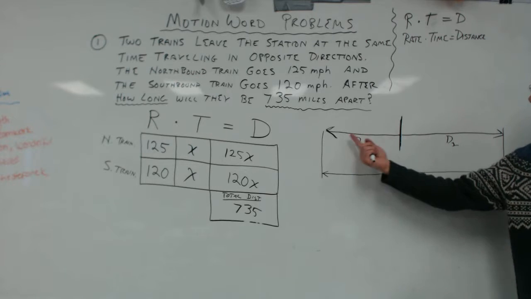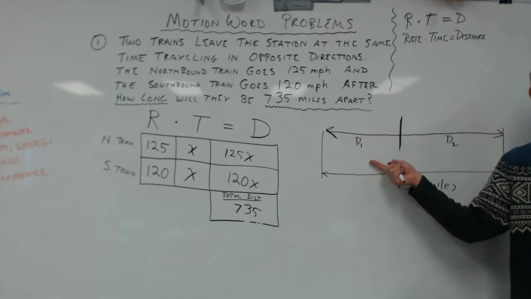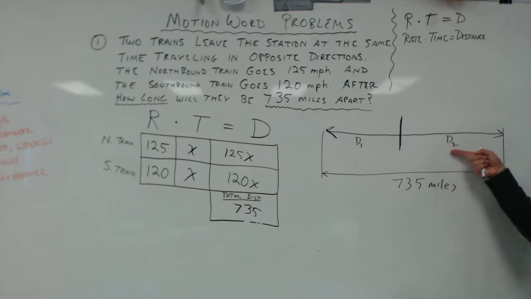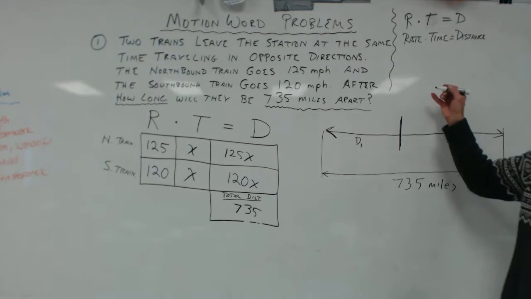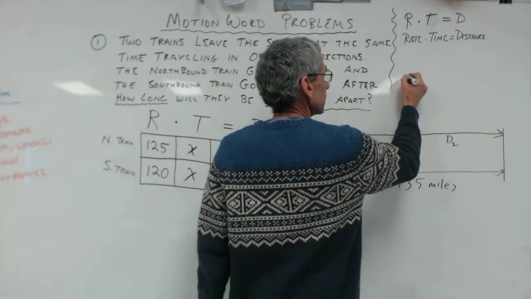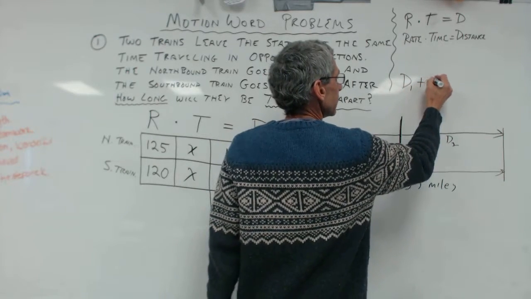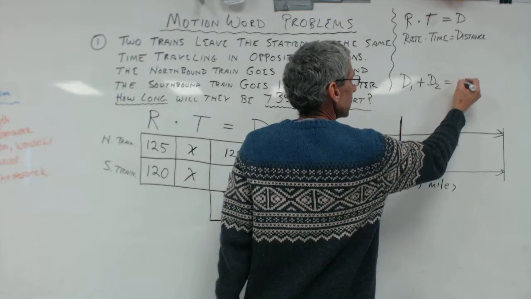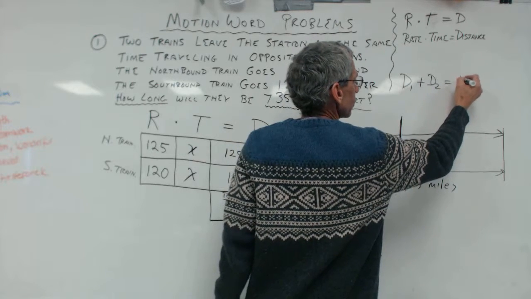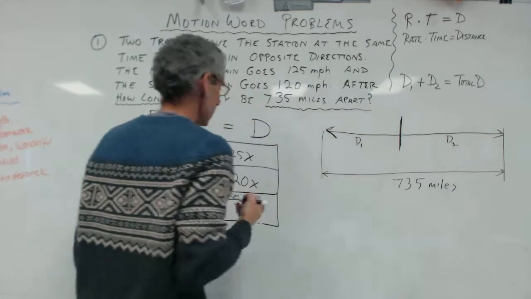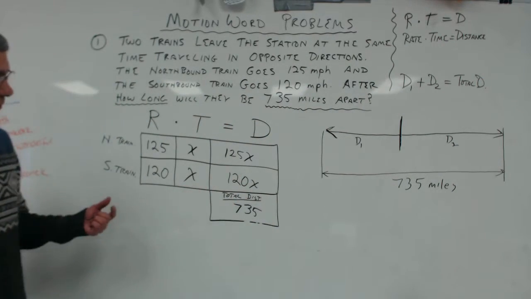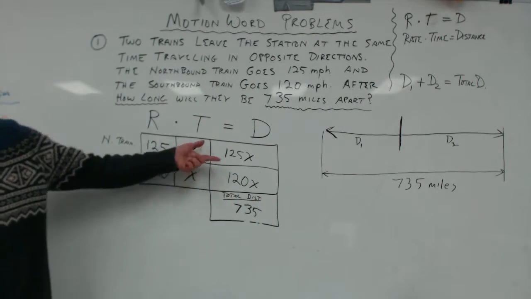Wouldn't you agree with me that this distance of this train plus this distance of this train would equal the total distance? Yeah, but we don't know it. Doesn't that make sense? Yeah. So really what we're saying is D1 plus D2 is equal to the total distance, right? So 125x plus 120x equals 735, and then you just solve it.